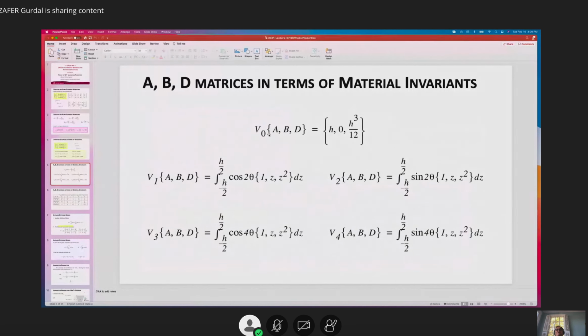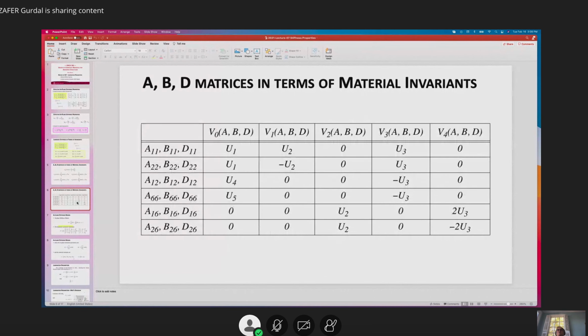V0 is constant: V0 of A is H, V0 of B is 0, V0 of D is H cubed over 12, okay? And V1 of A is the thickness integral of cosine 2 theta dz, V2 is sine 2 theta dz, etc. So that's how we are able to write the A matrix.